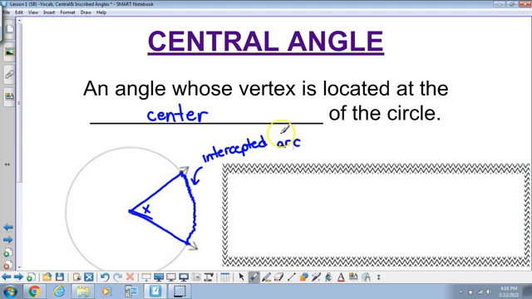And there is a relationship between the central angle and the intercepted arc, and that's that they are equal. Whatever the central angle is, the intercepted arc is the same. Whatever the arc is, the central angle is the same. So that relationship is that a central angle is equal to its inscribed arc. Excuse me, intercepted arc. I'm sorry.